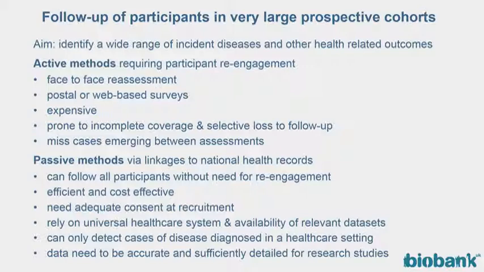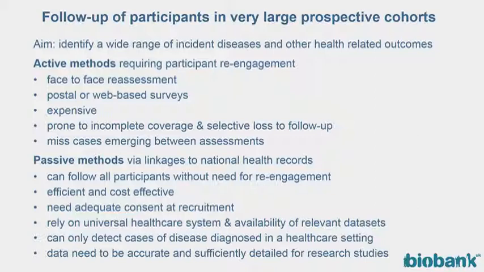By contrast, passive methods that use linkages to national health records can follow all the participants without the need for their active re-engagement in any data recollection exercise. That makes them efficient and cost-effective. They do require adequate consent at recruitment to enable this, and they do rely on a universal healthcare system with the availability of relevant data sets.